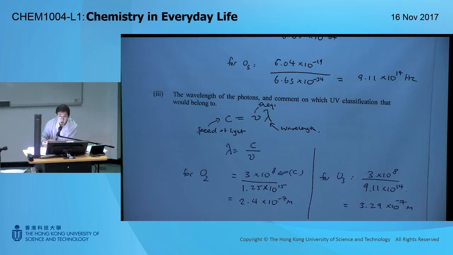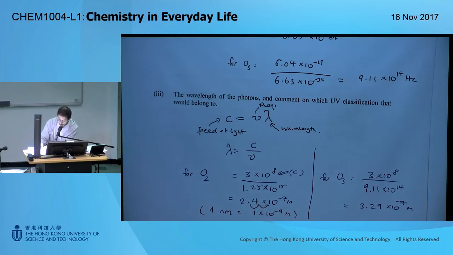In the notes, we used nanometers as our unit. 1 nanometer is 1 times 10 to the minus 9 meters. So if you want to work this out in nanometers, you have to times this by 100, taking the decimal place twice. So this is 240 nanometers, and this is 329 nanometers.